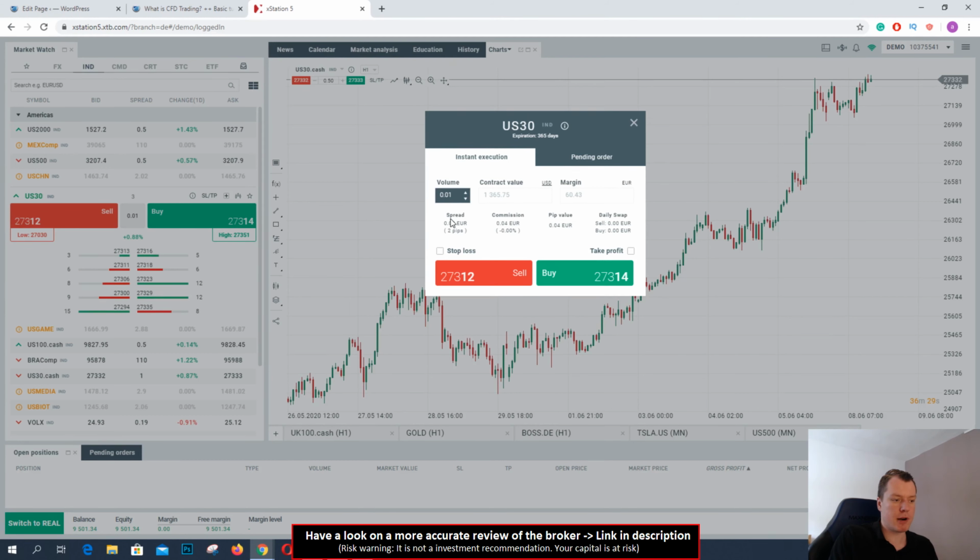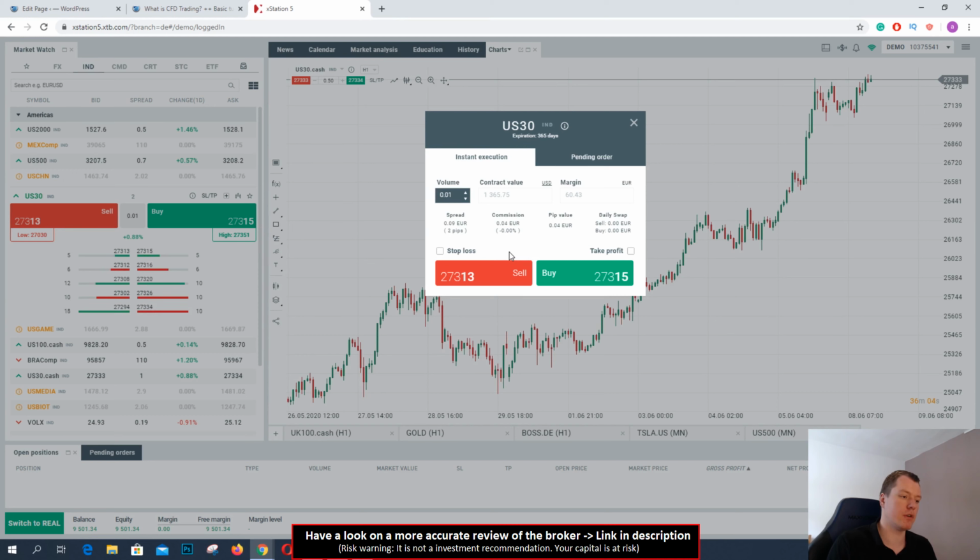Then you see the spread. There's always a spread in CFD trading. This is because the broker wants to earn money, so the company adds an additional spread, most of the time on the normal market, and they are earning between the sell and buy price.